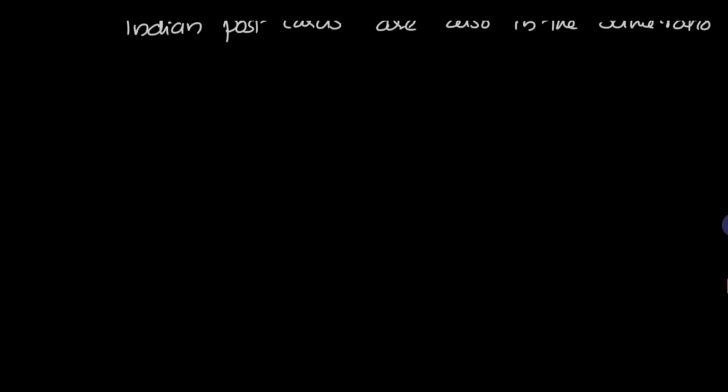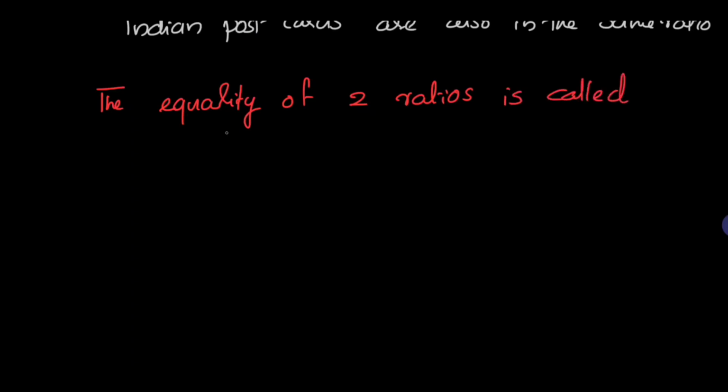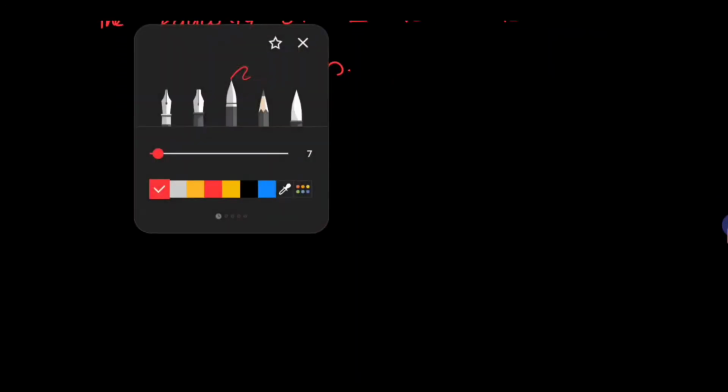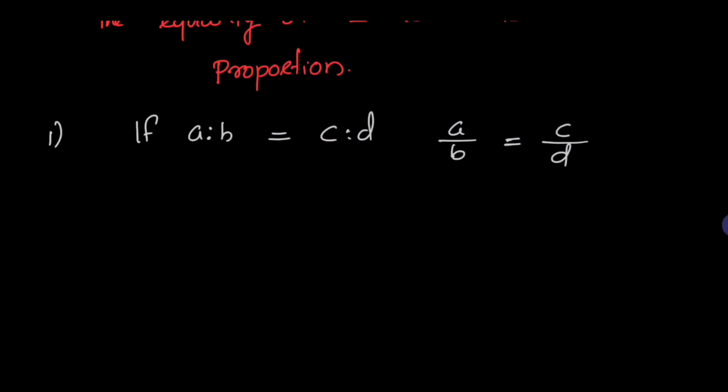What is proportion? The equality of two ratios is known as proportion. That is the first condition: if two ratios are A is to B and C is to D, that is A by B equals C by D, this is the proportion.